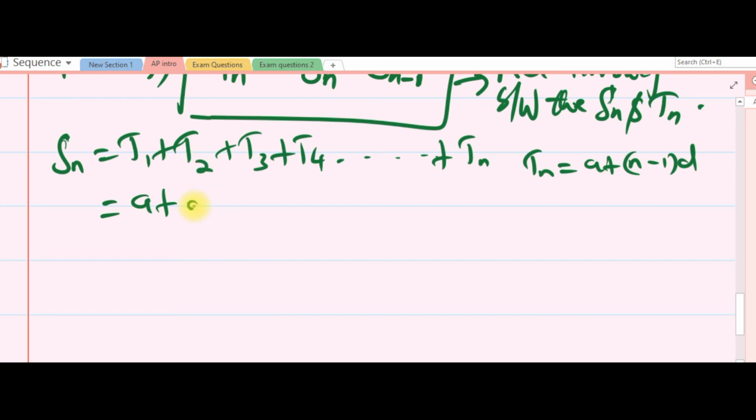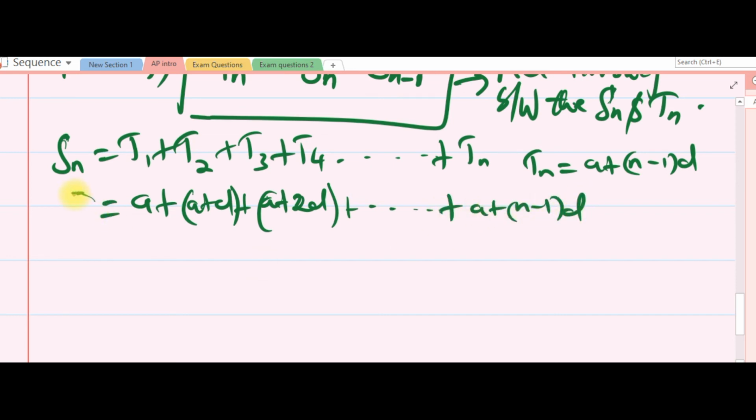So term 2 is now a plus d. Term 3 is a plus 2d, down to the last term, which is a plus (n minus 1)d. So I will just replace the terms with a and the common difference.